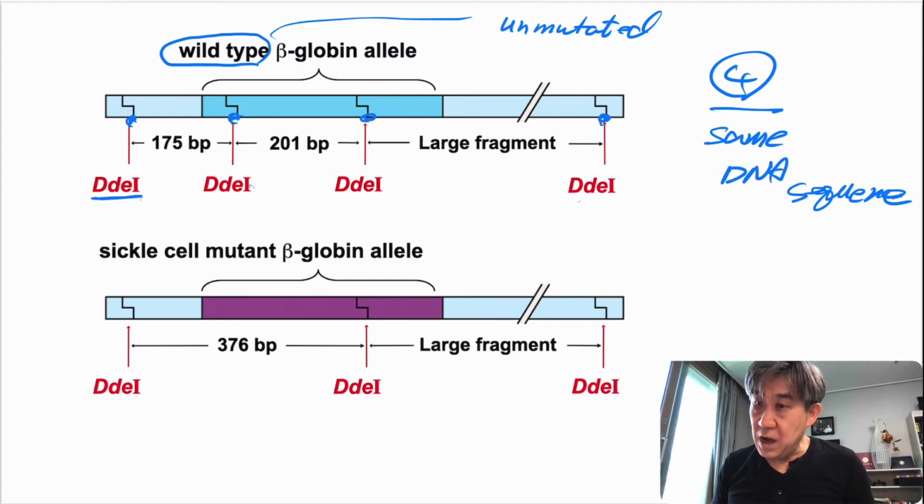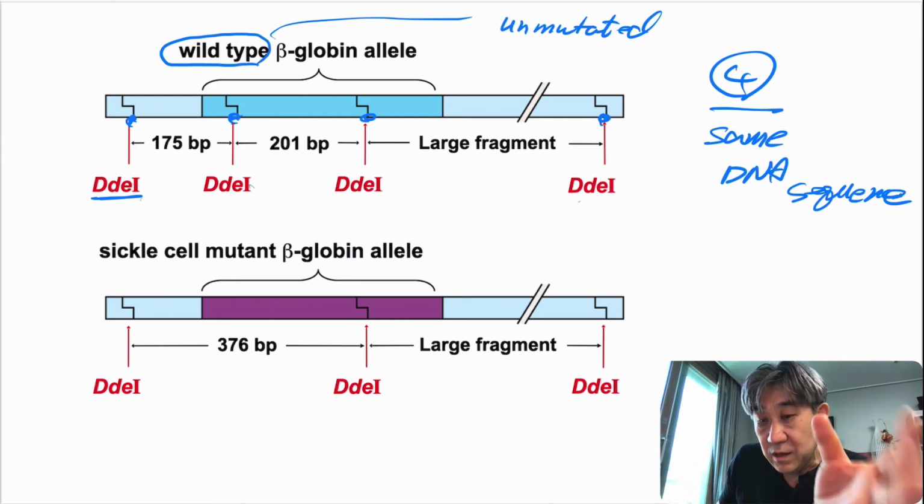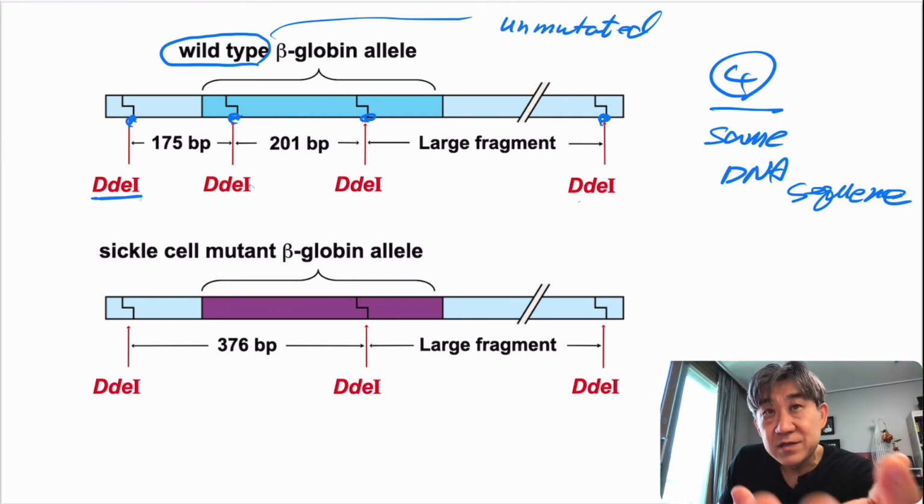Humans don't have this type of restriction enzyme, but bacteria have. Why? Because they kept this restriction enzyme as a defensive weapon against invading viruses.